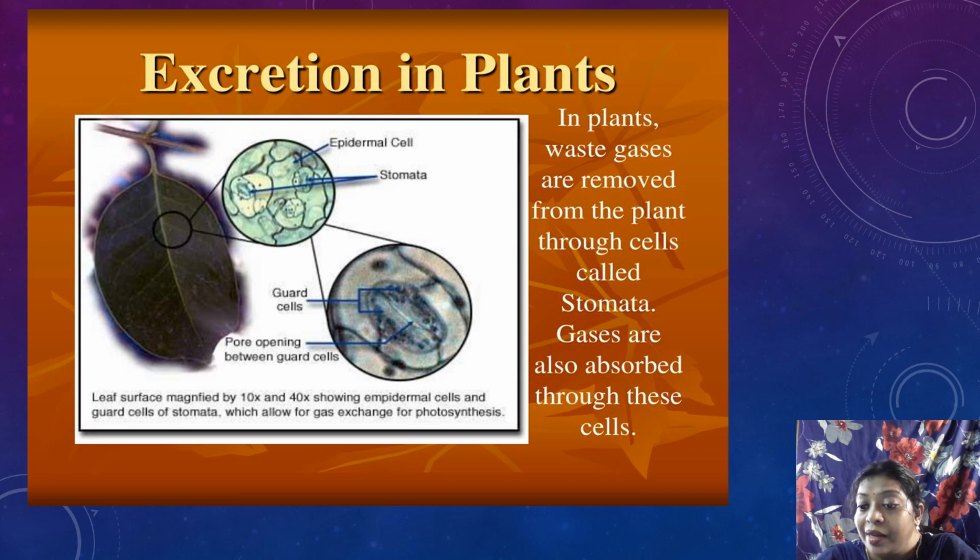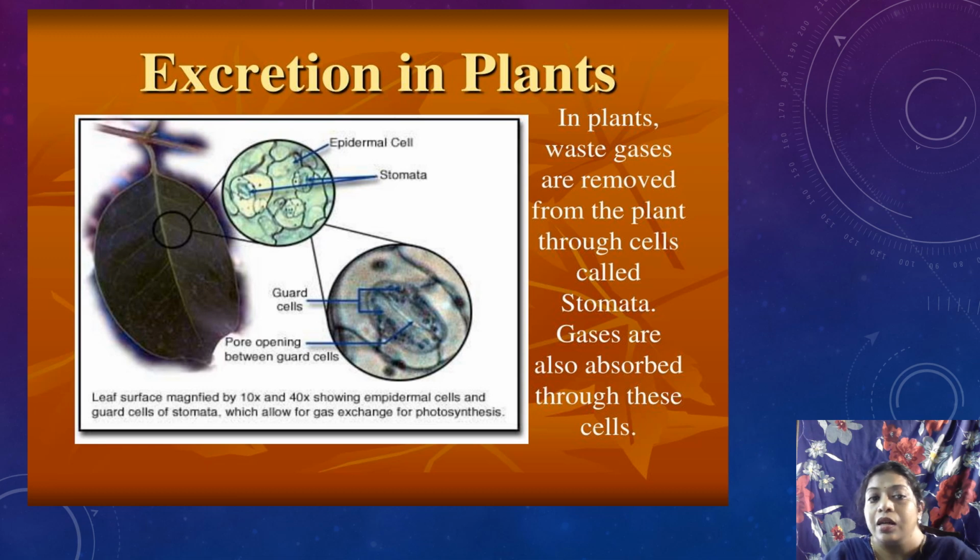The sunlight evaporates the water, thus the loss of water. When the stomata are open, the excess, unwanted water is sent out through the stomatal opening, and gases are exchanged. Especially what gas is absorbed? The CO2. Oxygen is sent outside and the CO2 is absorbed inside through the cells.